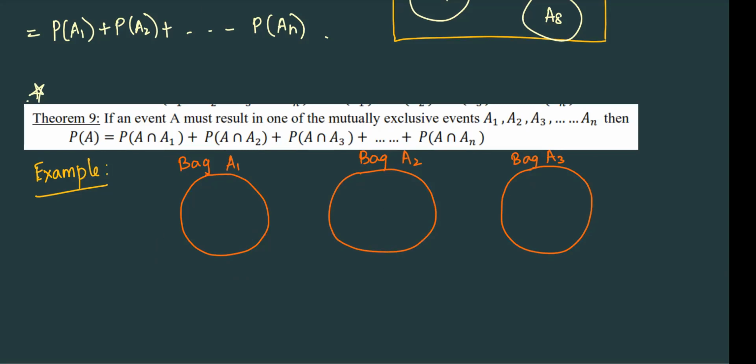Now these contain different kinds of balls, different colored balls. Say you have yellow, red or maroon, and then we have green. Each one has its own combination of balls.